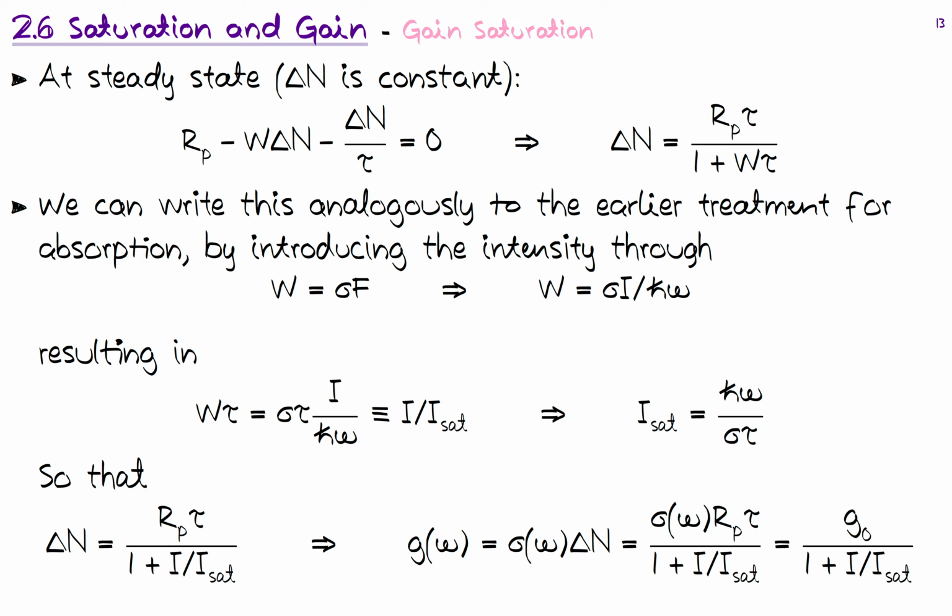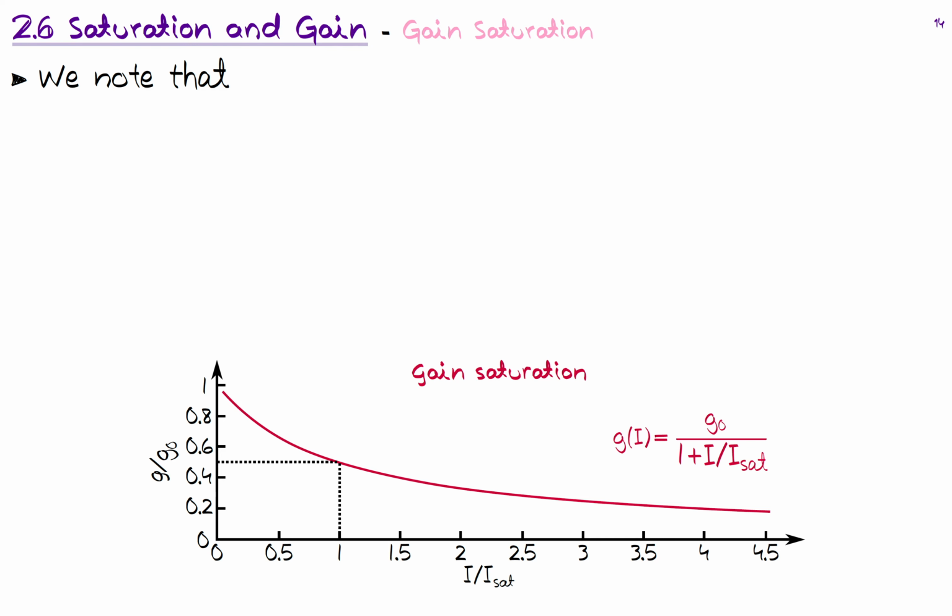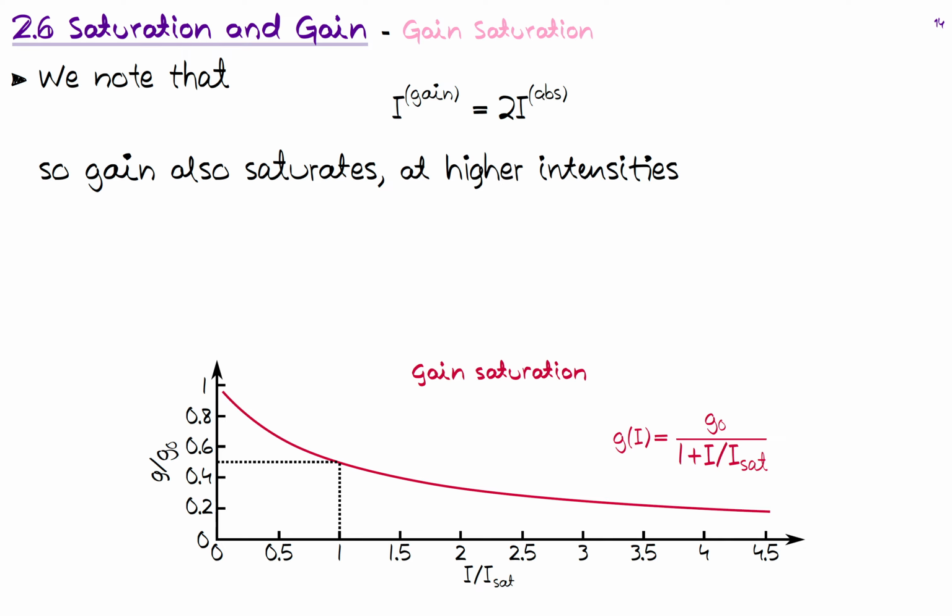And again, we can define the original weak pump line function G naught here, and that will be saturating due to increasing pump. So what we have here is that I gain is basically 2 times I absorption. So the gain also saturates, but at higher intensities than absorption.